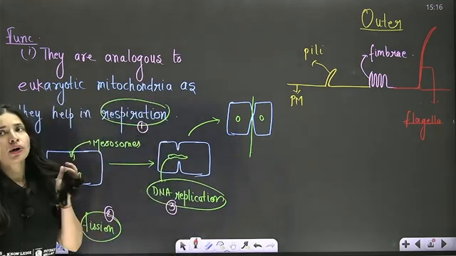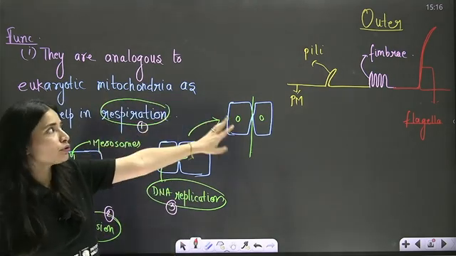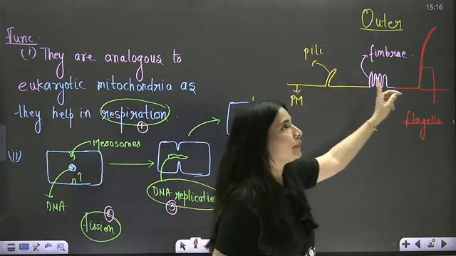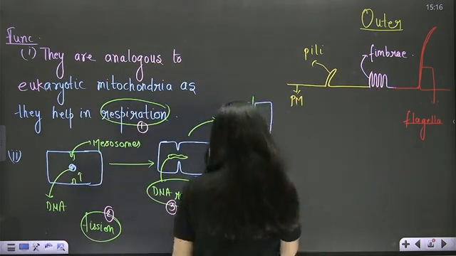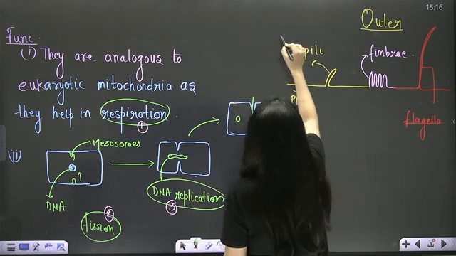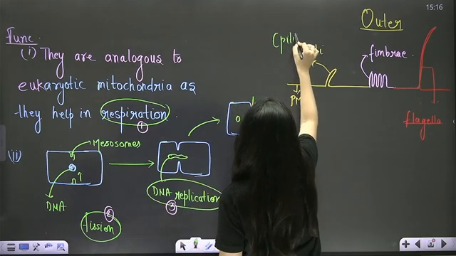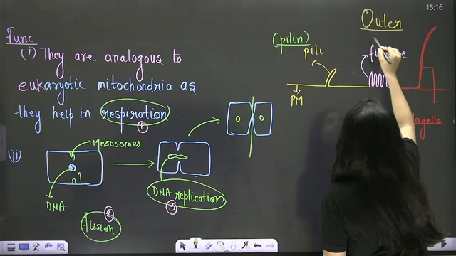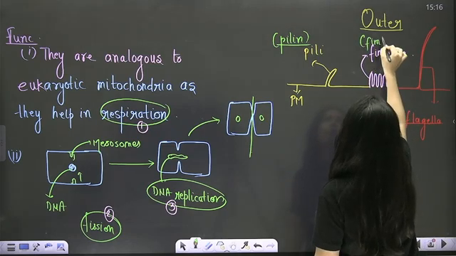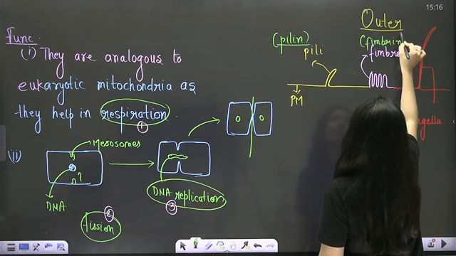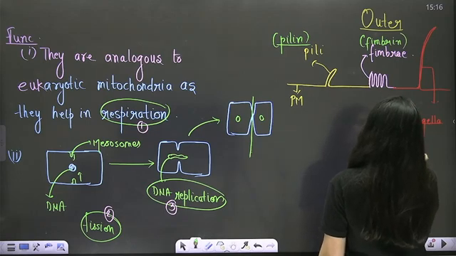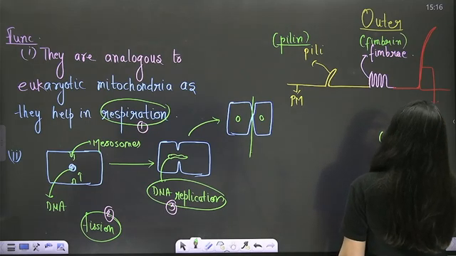Yes or no? So how many outgrowths do we have? Pili, fimbriae, flagella. Now always remember, beta, pili is made up of pilin protein. Fimbriae are made up of fimbrin protein, and flagella is made up of flagellin protein.